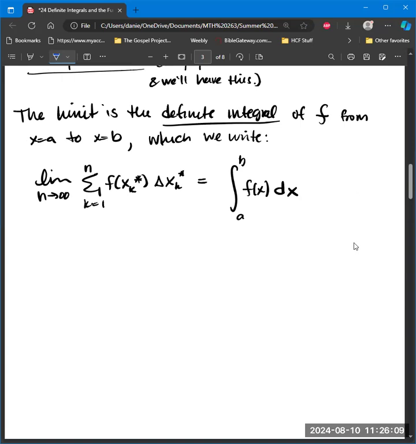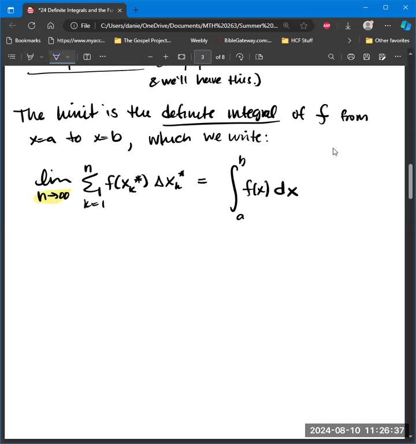The limit is called the definite integral of f from x equals a to x equals b, which we write as this Riemann sum with the limit in front of it is equal to the definite integral from a to b of f of x dx. And the important thing here is that n is going to infinity.